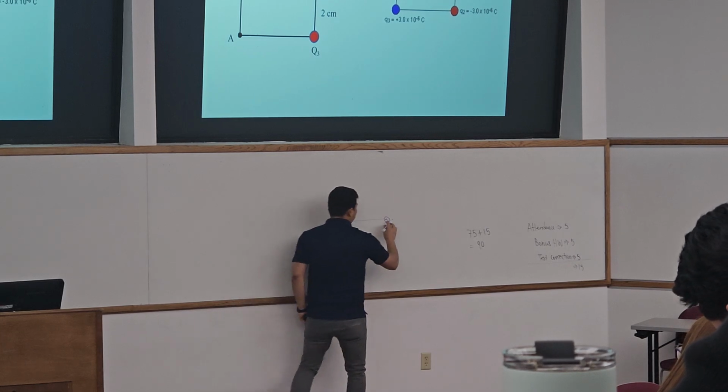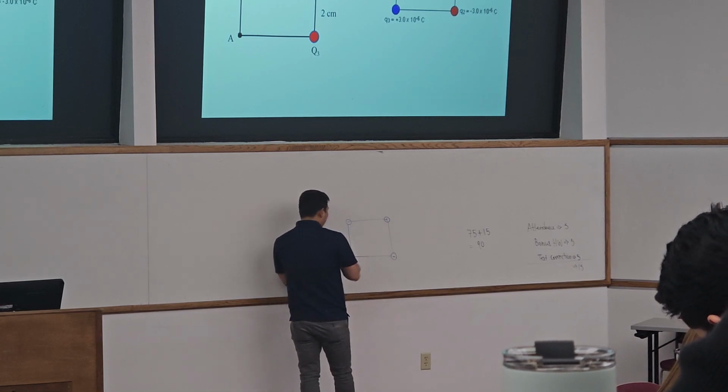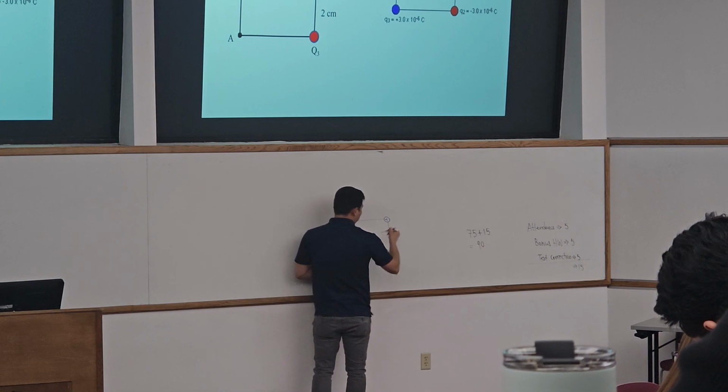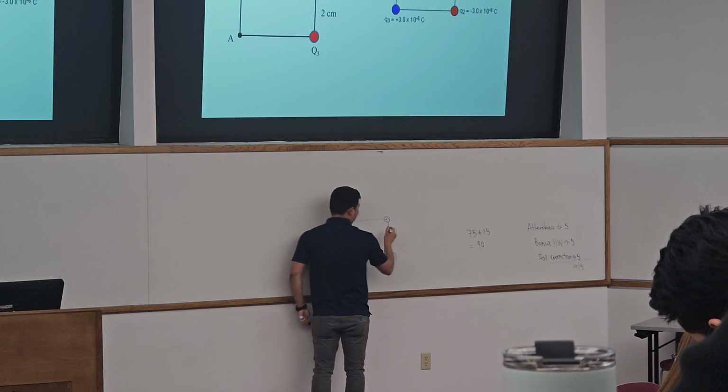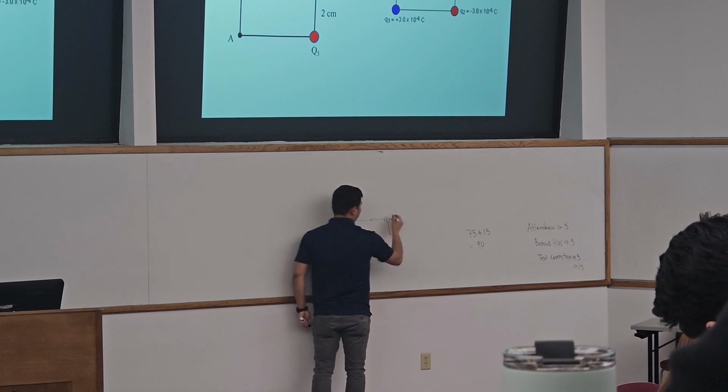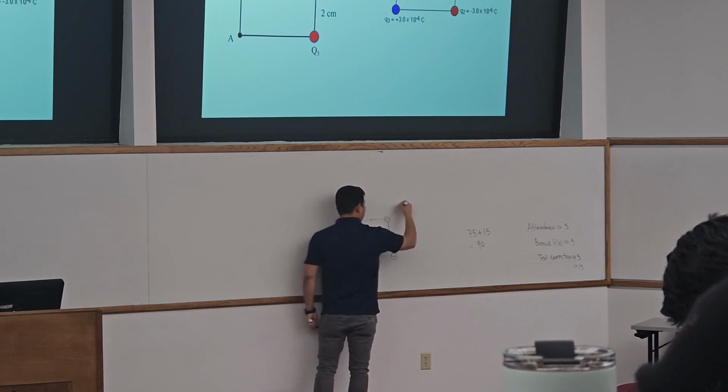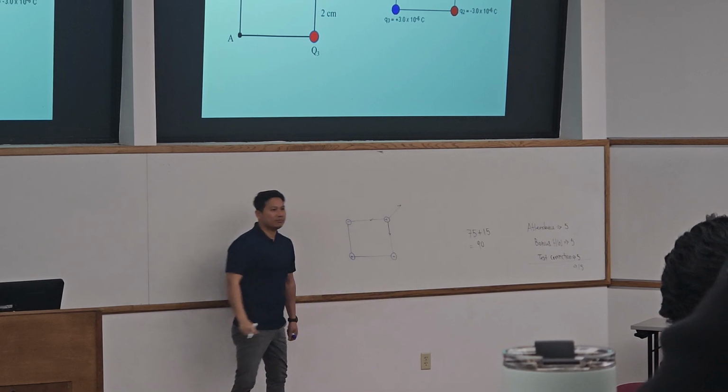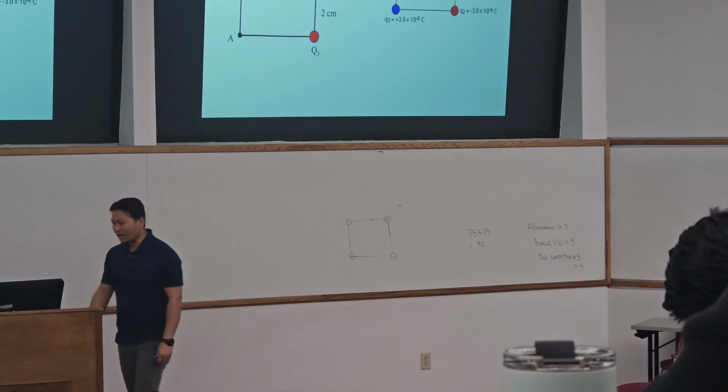If you consider the force on this one, you have the force between these two, the force between these two, and the force between these two. You have three forces added together because you have four charges.